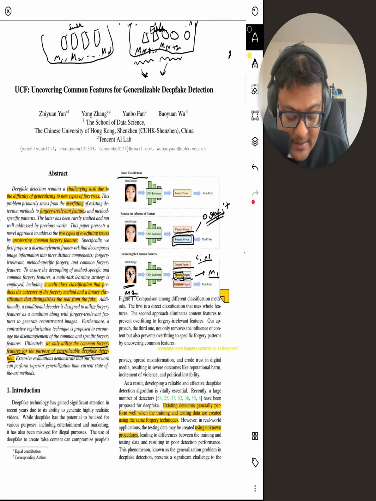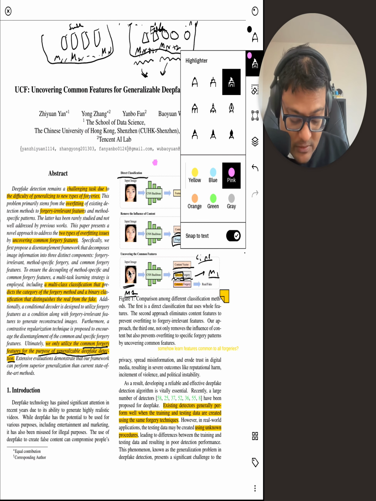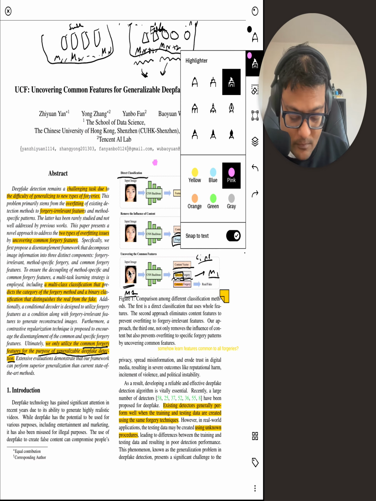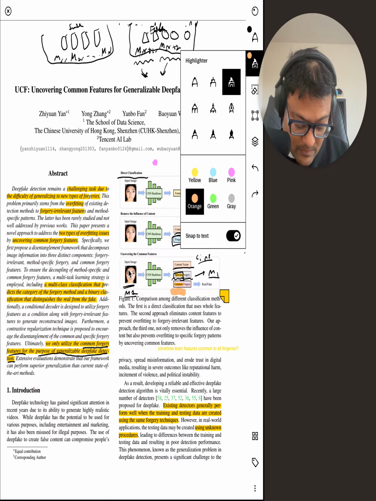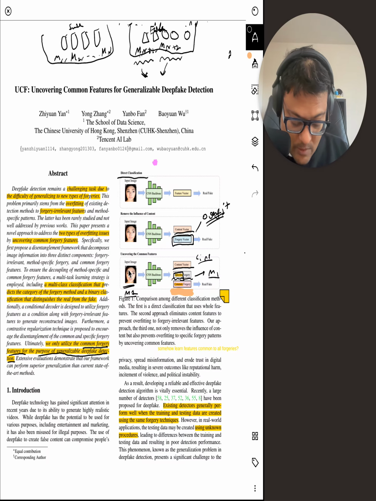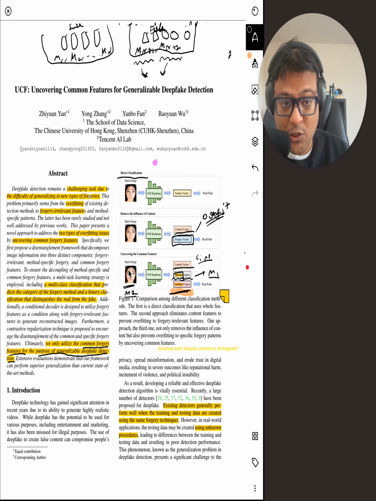The key part is that they're trying to learn these common forgery features. What these common forgery features mean is that if you give it any fake image generated by any model, these are the features we care about.